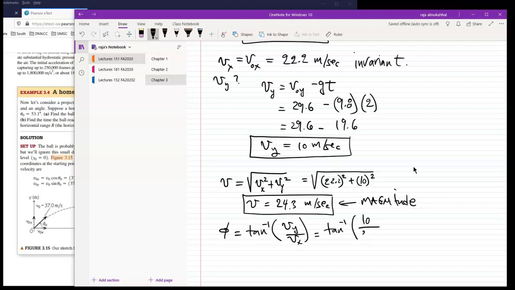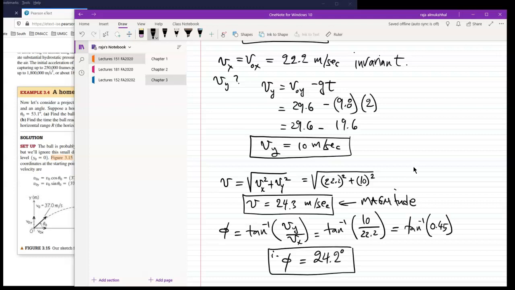It's 10 over 22.2, and that will give me tan inverse of 0.45, and therefore the direction, remember direction is an angle basically, is 24.2 degrees. There we go. So I found the magnitude and the direction.